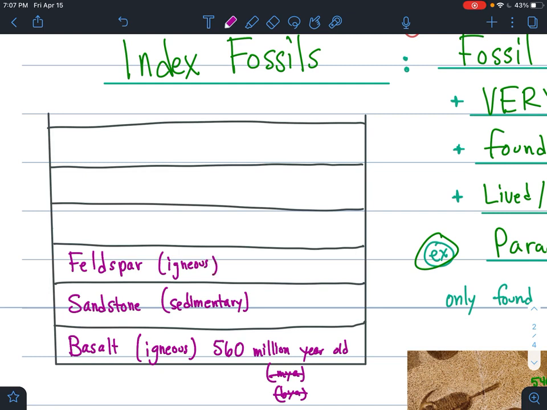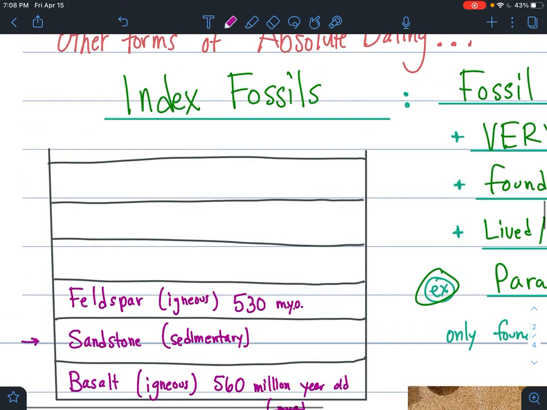Since this is an igneous layer, we could date it and find out that it's 530 million years old. Now, if it's 530 million years old and the layer below is 560 million years old, then through relative dating we can understand that the sandstone between them must have formed between those two time periods.